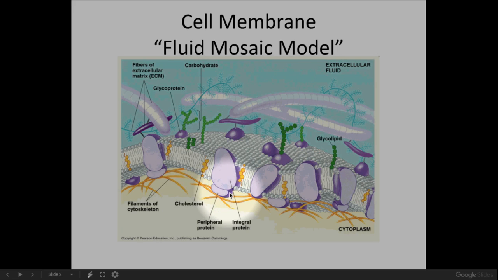But we also have these things called peripheral proteins, which are only on one side. So this little one right here is called a peripheral protein. It's on the periphery or the edge of the cell membrane. And this is the integral protein, and it is all the way through the cell membrane. So those are a couple different types of proteins, and we'll refer to them later.